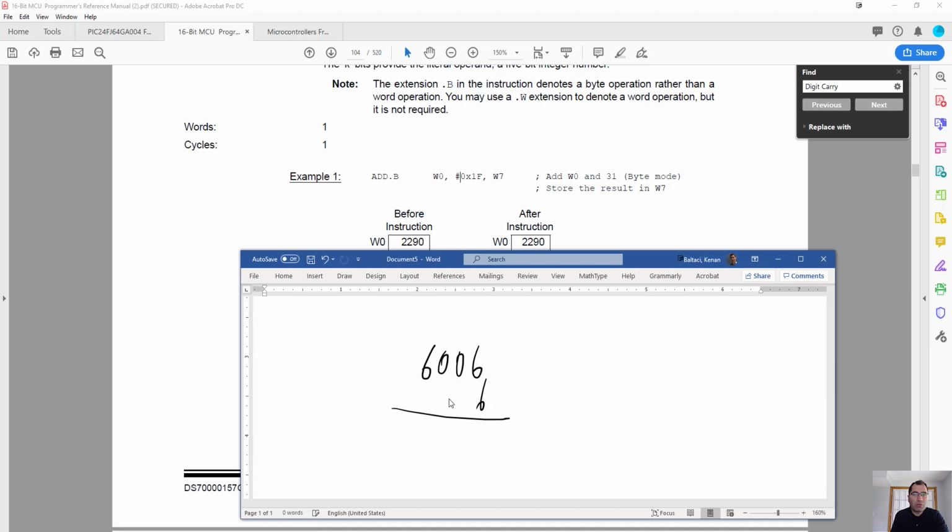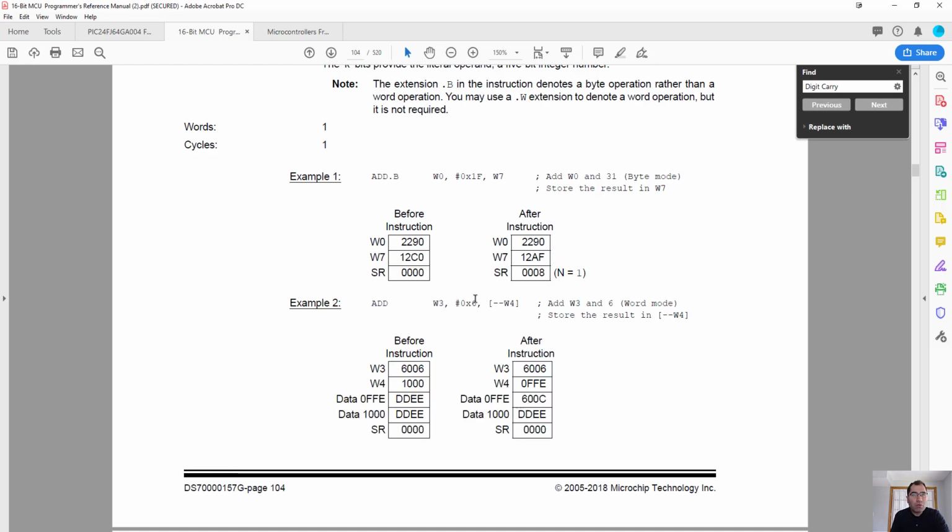If we add these two, 6 plus 6 in hexadecimal is 12, which is C in hexadecimal, so 600C. Is this instruction going to change the content of W3? No, we just need the content of W3, and the literal is not going to change anything. This is the initial condition before executing the instruction, and this is after. So obviously W3 is not changing.